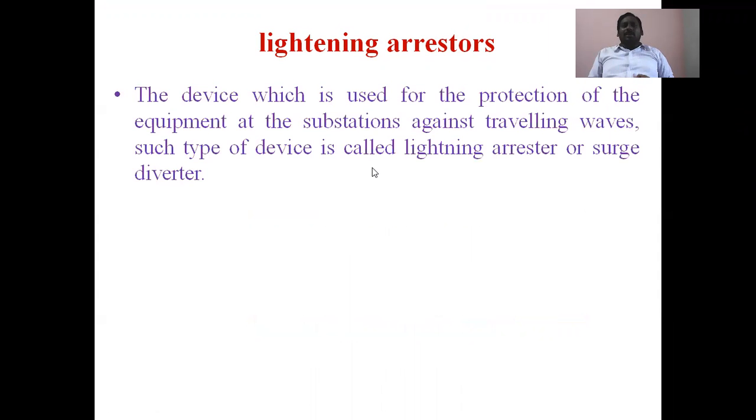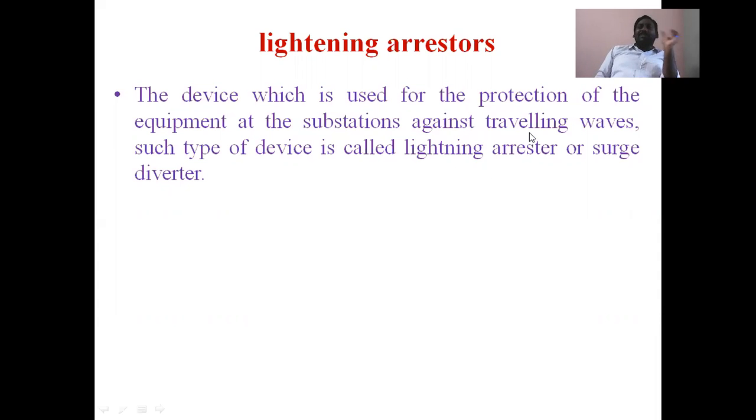So what is a lightning arrestor? A device which is used for the protection of the equipment at the substation against traveling waves is called lightning arrestor or surge diverter.